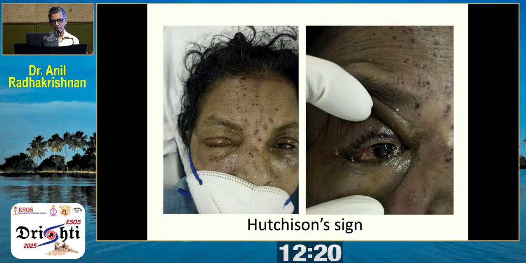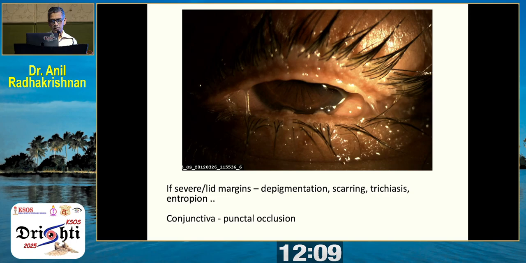This is something we studied very well in our post-graduation, the Hutchinson sign: if the side of the nose or the tip of the nose is involved, the eye is very likely involved.